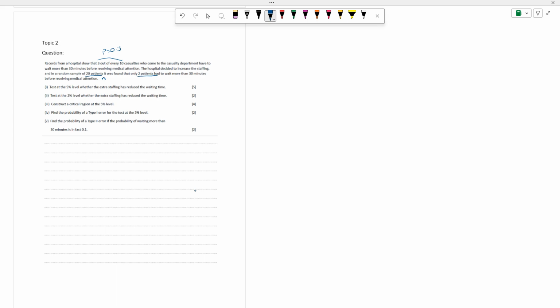Okay. Part 1, test at a 5% significance level whether the extra staffing has reduced the waiting time. Okay, so the first thing I need to do is, there's no variable, so I need to do my let x.